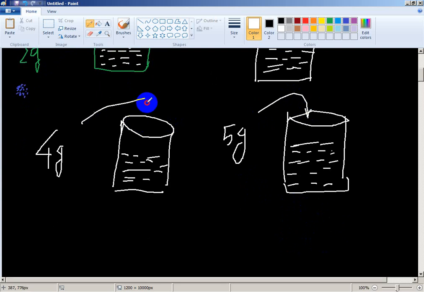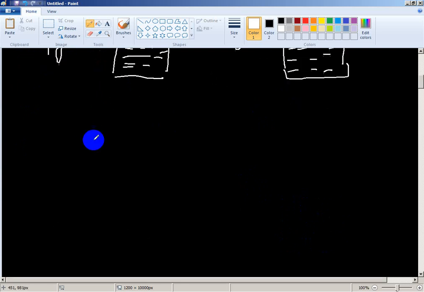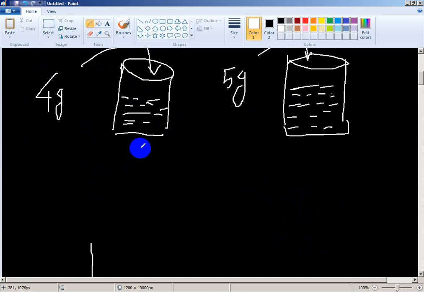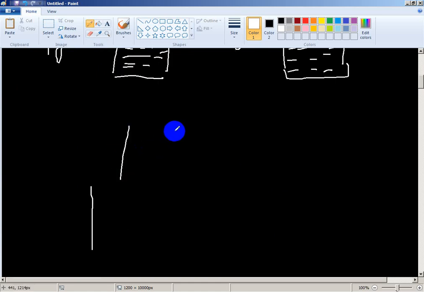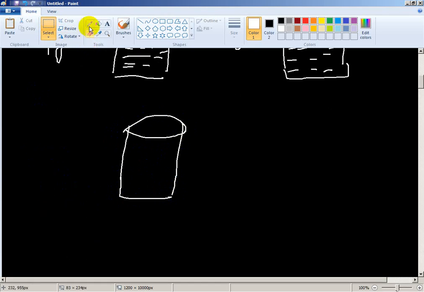Okay, so what happens when I add 6 gram? That means 1 gram more added, this 6 gram, and again I start stirring.